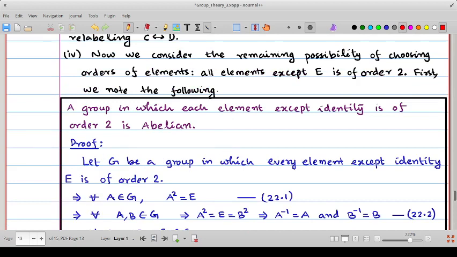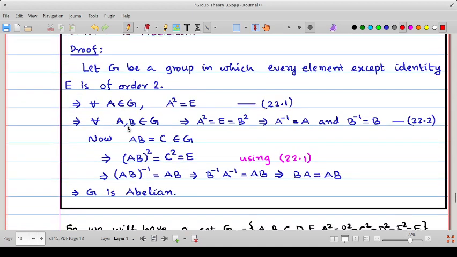The statement is the following: a group in which each element except identity is of order 2 is an abelian group. We can prove this in the following way. Suppose we have a group G and every element in the group except identity is of order 2.